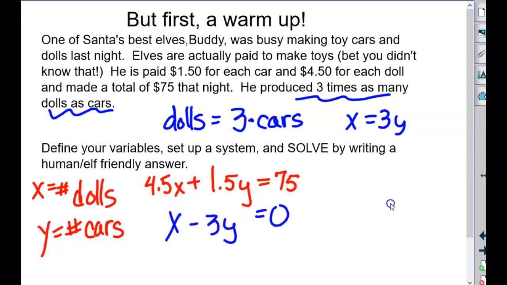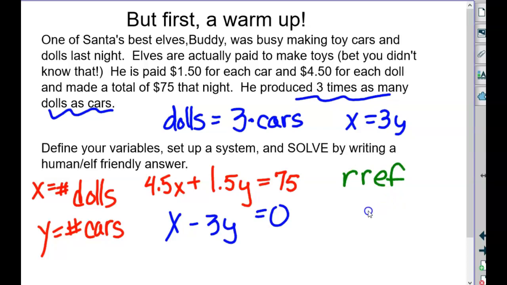Now, this is not going to be a big matrix if we want to do what we did yesterday. What's the command we learned yesterday? Anybody remember what button we went to? Reduced row echelon form, yes.